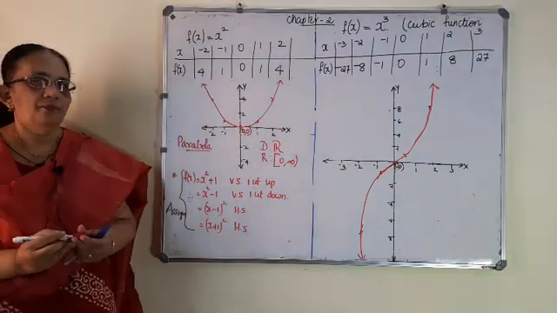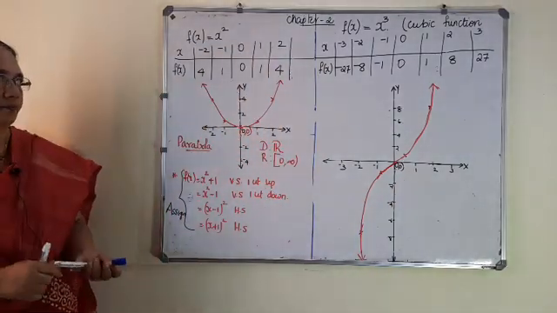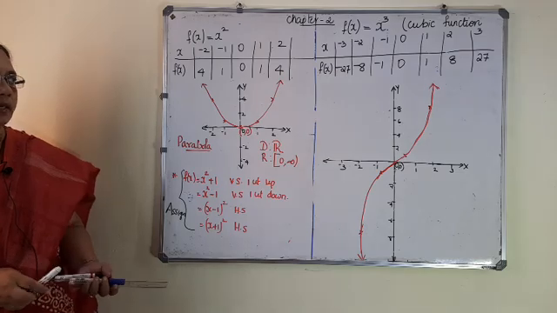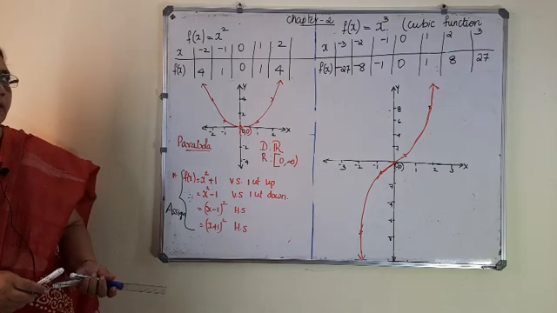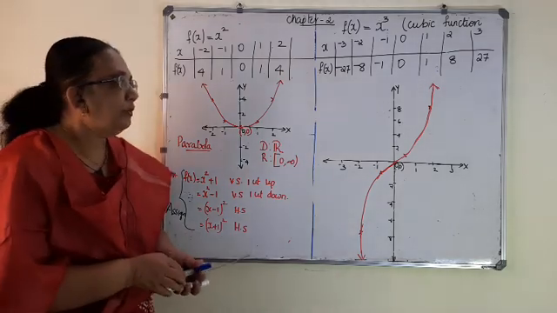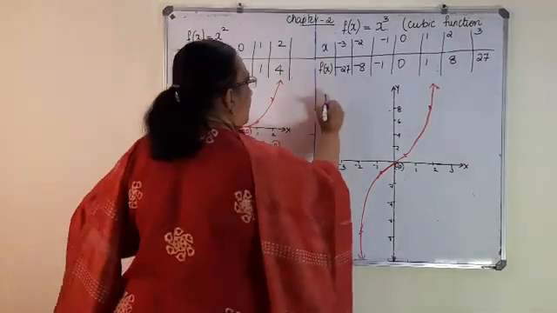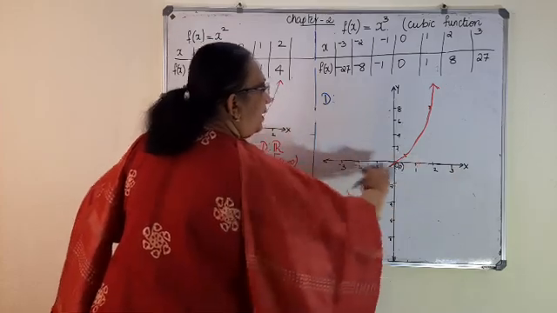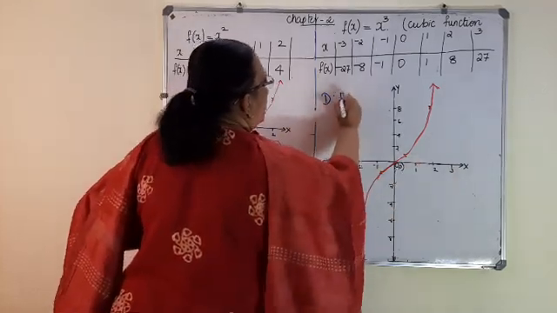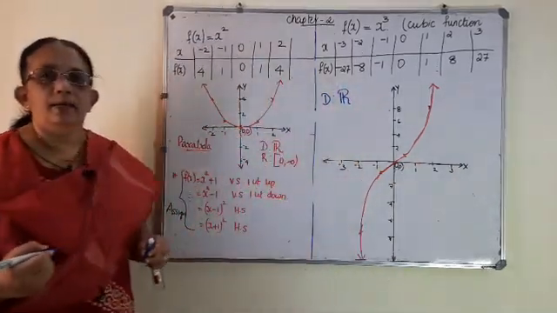This is the graph of a cubic function. Is it clear to you how to plot the graph? It goes on. Now, what about the domain of the graph? You can take any real number. So, the domain is the set of all real numbers.